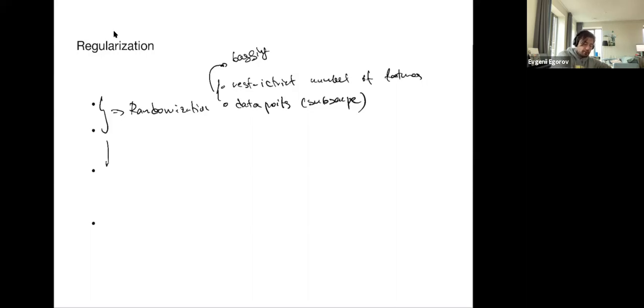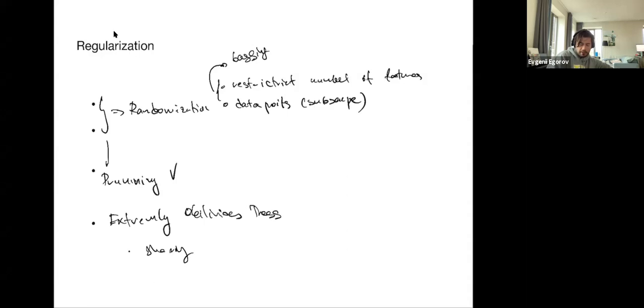Also, because we are mostly talking about trees when we talk about ensembling, all kinds of pruning are also fine, or maybe some restrictive types of trees, like oblivious trees, or some, I don't remember the name, which share the feature across splits.